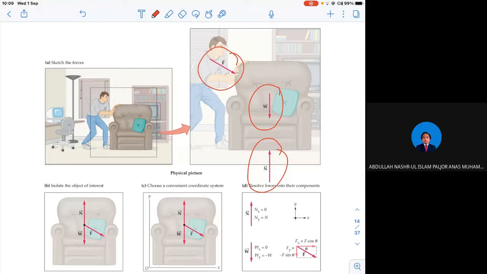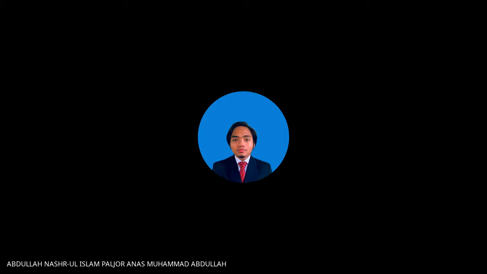Remember, normal force is the force that is perpendicular to the surface. Weight is always pointing downward, because weight is equivalent to mg, and normal force is the force that is perpendicular to the surface.